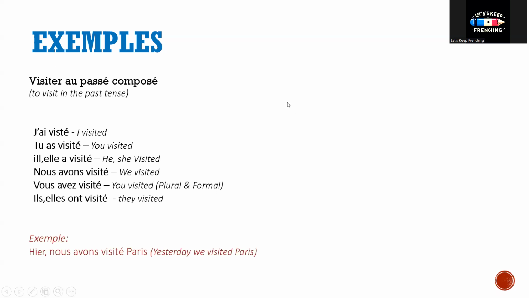Let's see another example. Arriver au passé composé. So in here, I have to be a little bit cautious. Why? The verb arriver belongs to the category of the movement verbs. There is a movement in it, right? So basically, I'm going to use the auxiliary être.